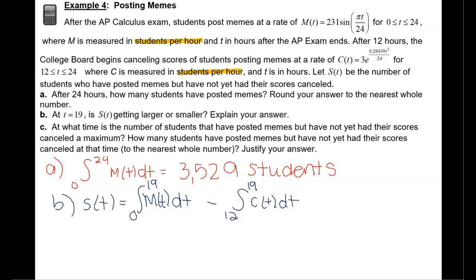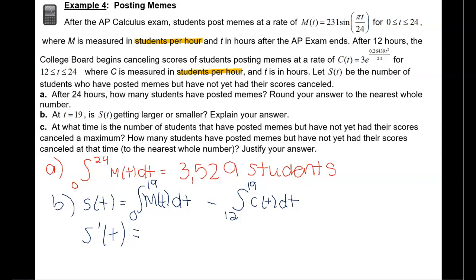Yeah, investigate the sign of the derivative. So if I want to know if S of t is increasing or decreasing, I don't want to look at S of t, I want to look at its derivative. So I need S prime of t. And what did we say we know about the derivative of an integral?